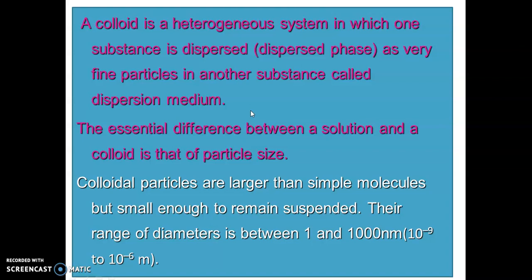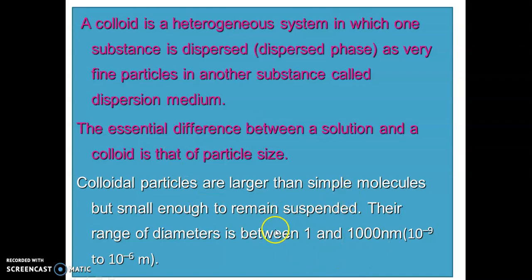Like in true solution, there are two parts, solute and solvent. Similarly, in colloidal solution, there are also two parts, dispersed phase and dispersion medium. So how can we classify true solution and colloidal solution? That is simple, based on particle size.